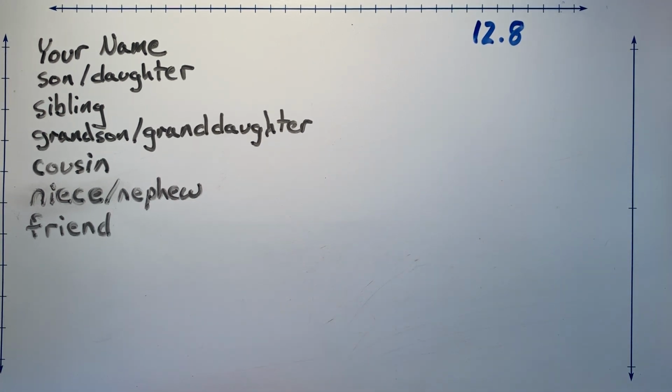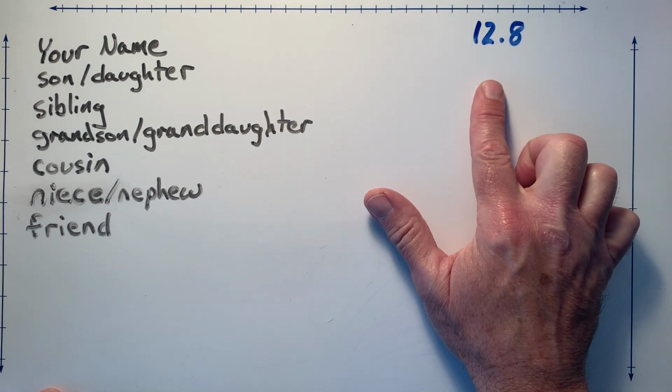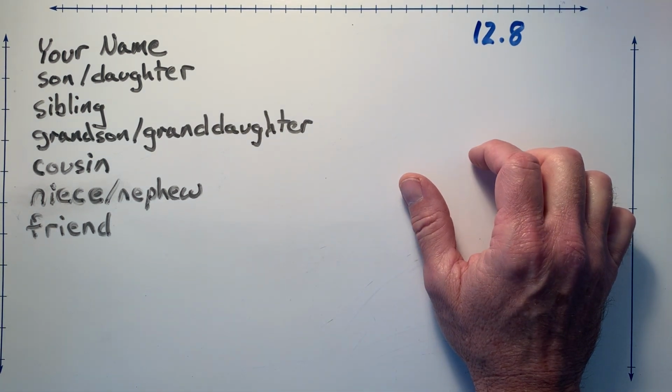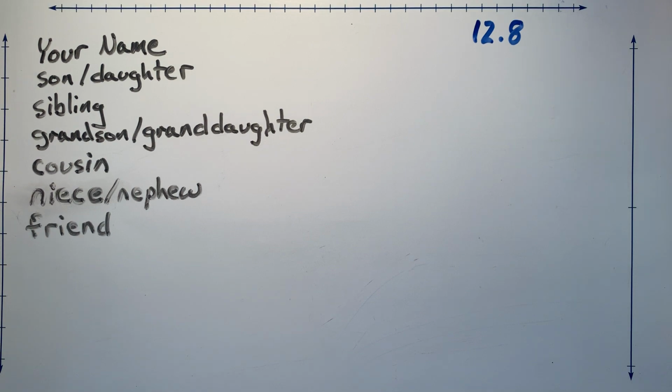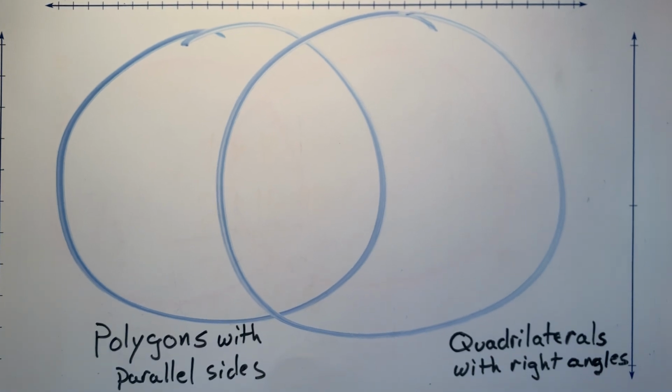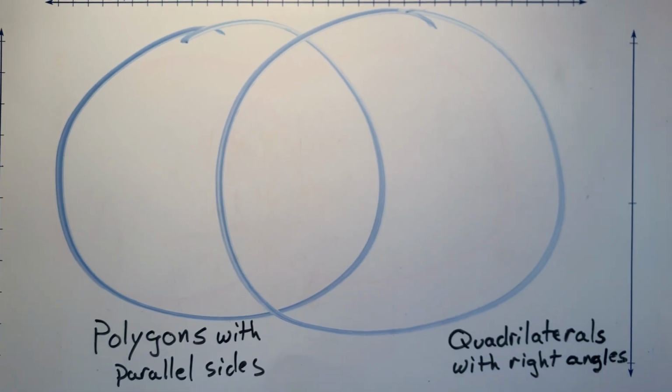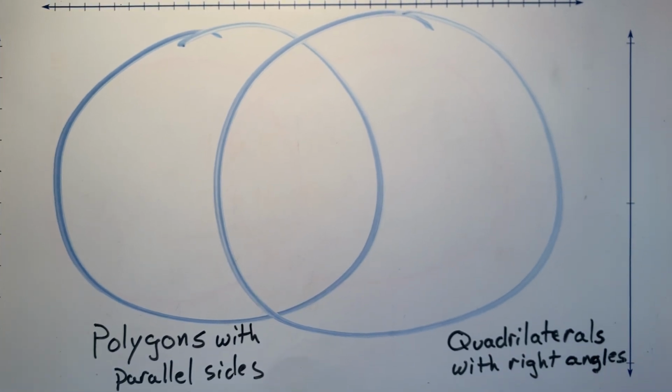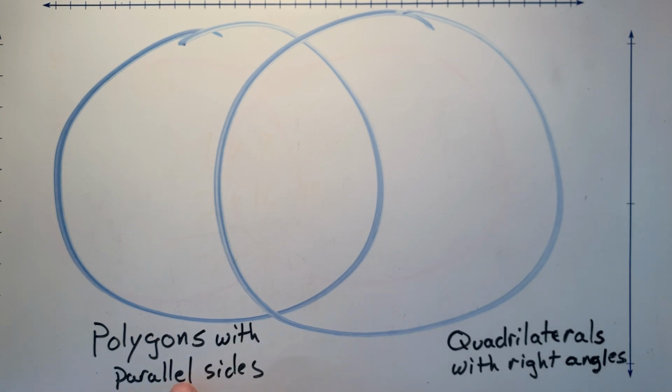So let's take a look today at what 12.8 is going to be asking. And one of the main things is they are going to ask you to identify placement of shapes, especially into Venn diagrams. So I have written a big Venn diagram here, and I have already qualified what I'm going to be looking for. Now, down here at the bottom of the Venn diagrams are the rules.